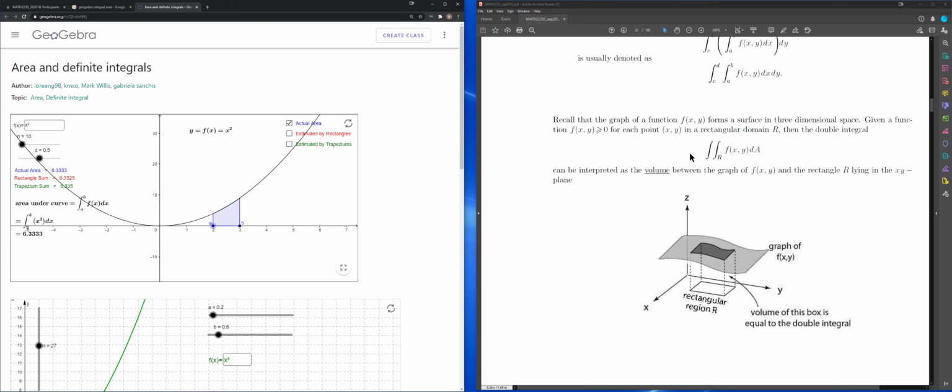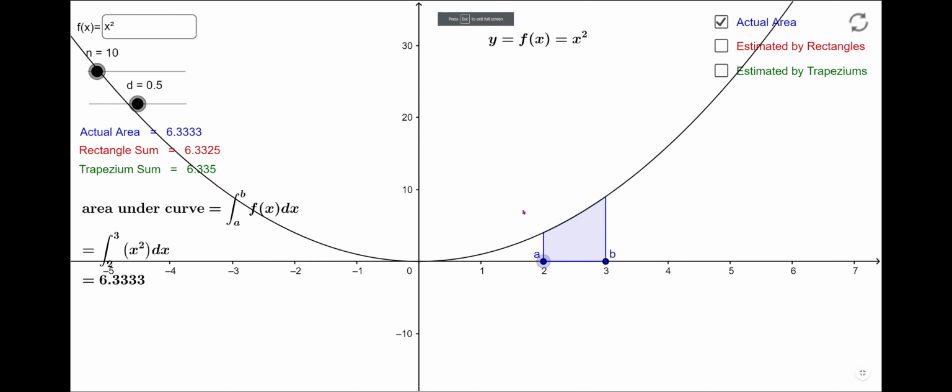Your double integral has an analogous interpretation to your normal integration, the integral of a single variable. What did you use over here? You needed a graph of your function, and you were integrating over some interval downstairs on your x-axis.